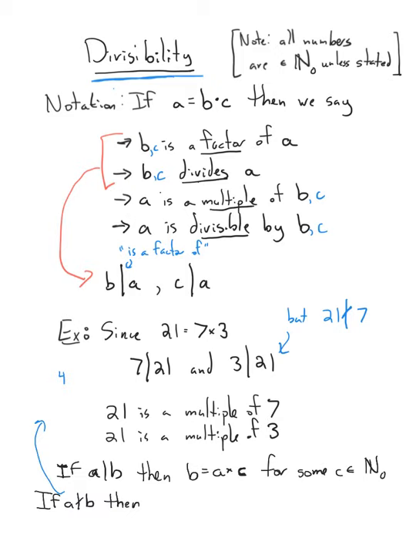So 11 isn't divisible by 4. 11 isn't a multiple of 4. And if you remember the quotient remainder theorem from a few videos ago, I can write any number as the largest multiple of the divisor that I can pull out of it plus a remainder. So I can write this as 4 times 2 plus a remainder of 3.